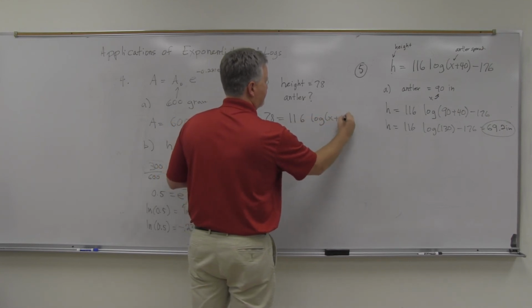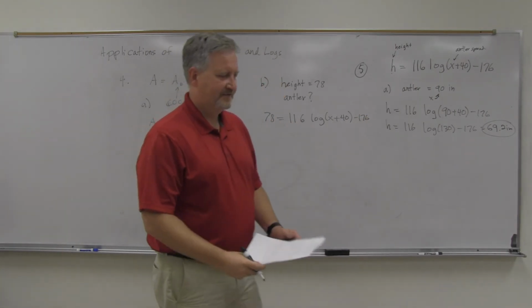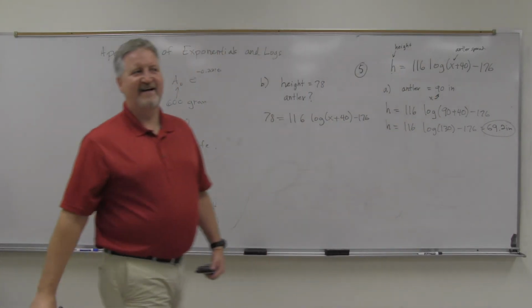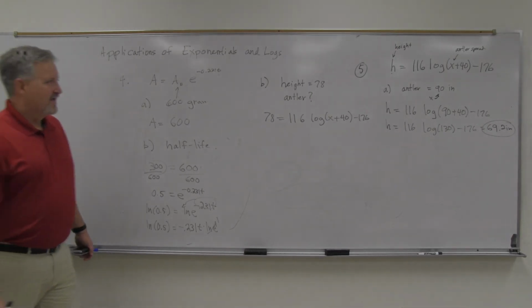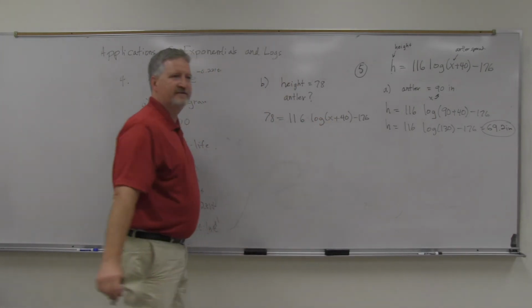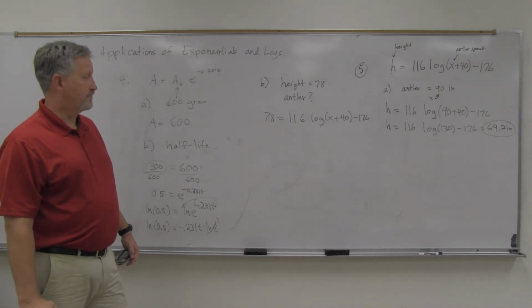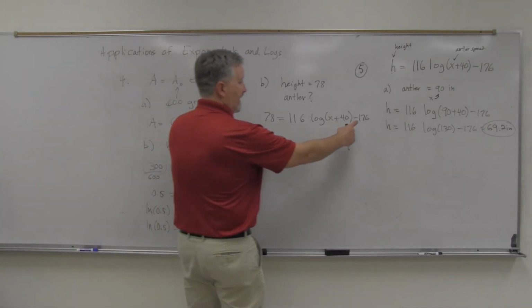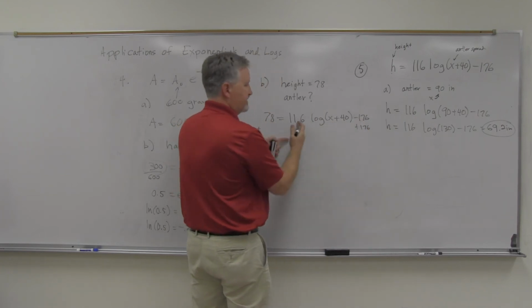I have to solve for x. How do I do that? Well, it's a log equation, and the basic idea is I need to get the log by itself. So I've got to do a couple of things before I can do my solving here. I've got to get rid of the 176 and the 116.